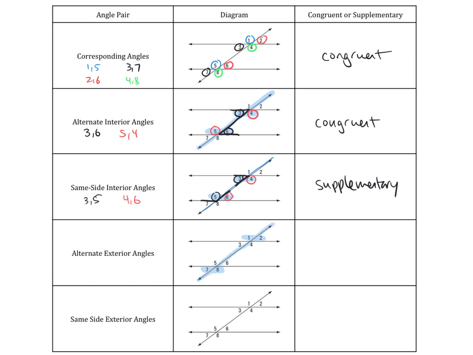So, for example, angle 1 and angle 8 are on opposite sides of the transversal, so those would be a pair of alternate exterior angles. And another pair would be angles 2 and 7. And just like alternate interior angles, they're going to be a pair of congruent angles. If I look at angle 1 and angle 8, those are both obtuse angles, and they are congruent.